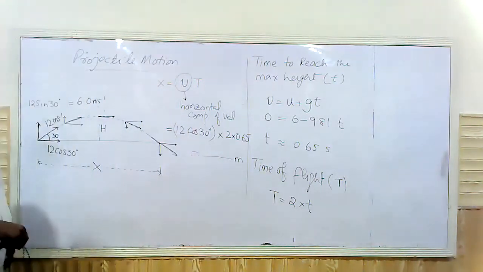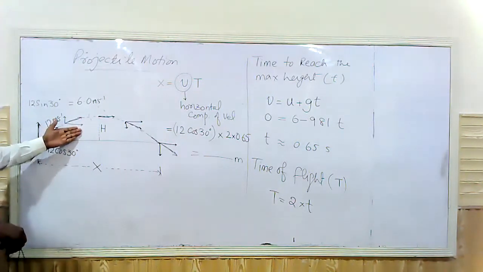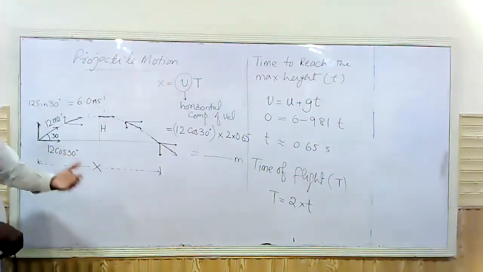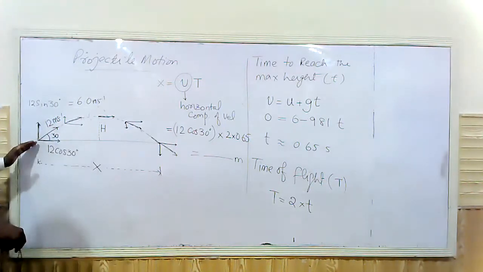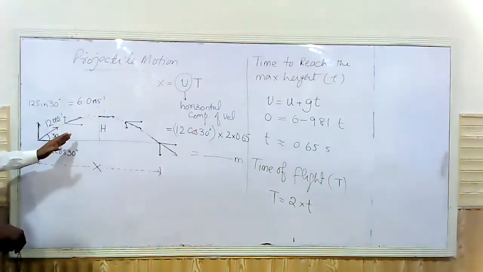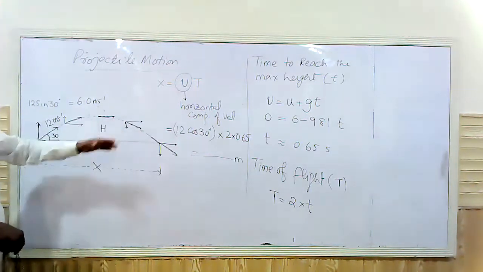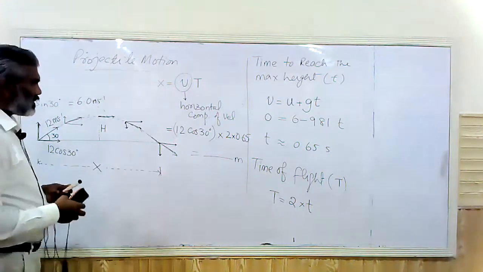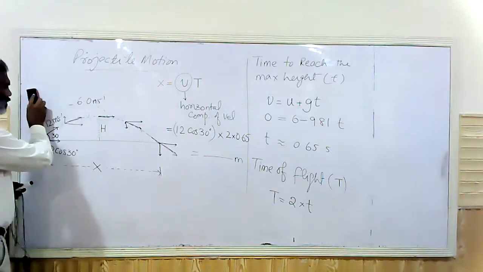But what if they ask us to calculate the velocity of the object 1 second or 0.8 second or 0.6 second after we have launched it? So it may be here, it may be here, it may be here. During the flight, that velocity can be calculated. Let's see quickly how we do that.